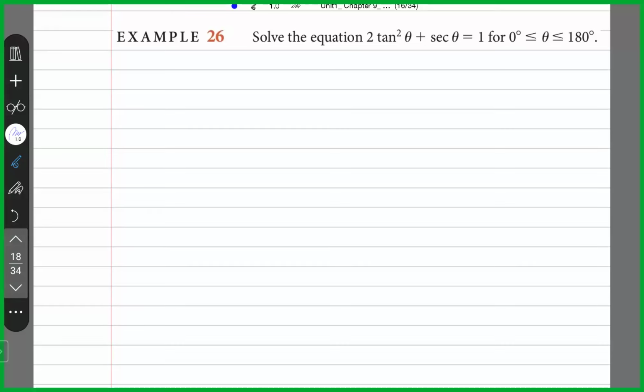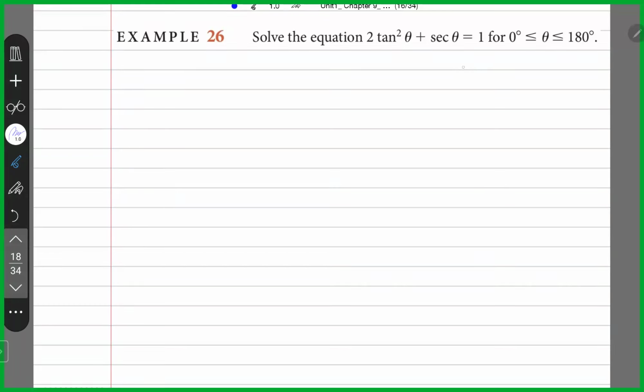All right, so example 26 is asking us to solve the equation 2 tan squared theta plus sec theta is equal to 1. And we only want values of x between 0 and 180 degrees.